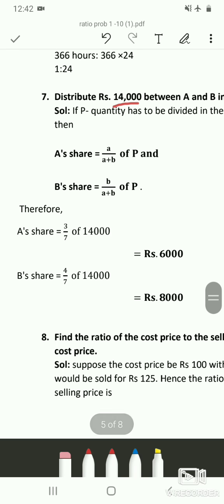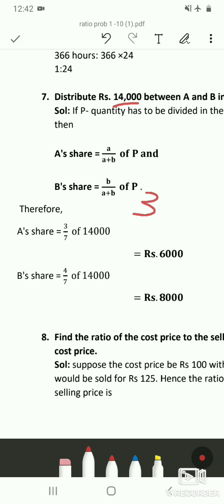So A's share would be 3 upon 7 of rupees 14,000. You can use your simple calculators and solve it, that is 3 into 14,000 divided by 7. When you simplify it, you will get the answer as rupees 6,000.